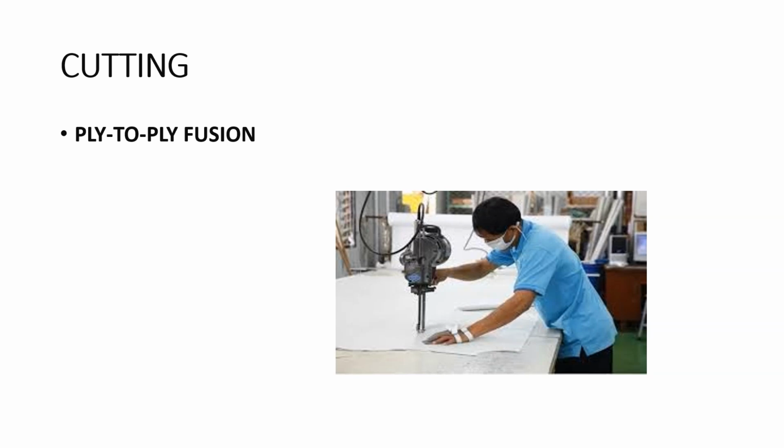That's why ply to ply fusion matters, because it is not only one ply. The person who is doing this cutting is doing it with a number of plies together. So ply to ply fusion plays an important role. Now in cutting, there is also single edge fusion, which may also happen, so we must be careful about that too.